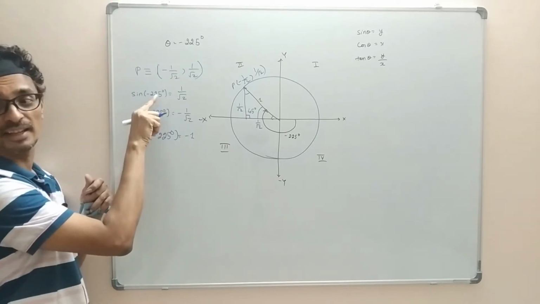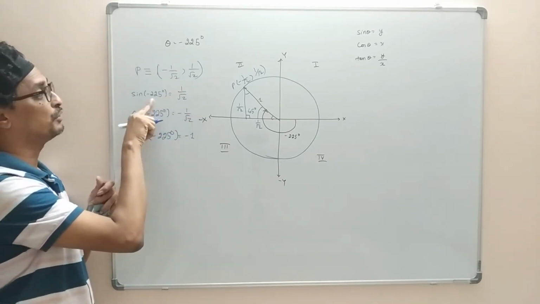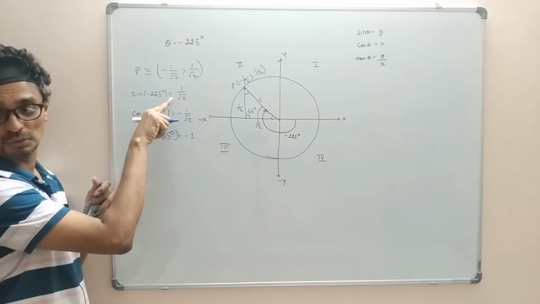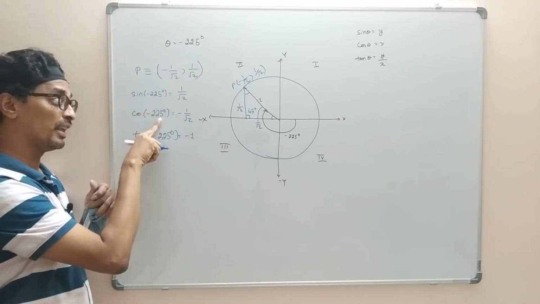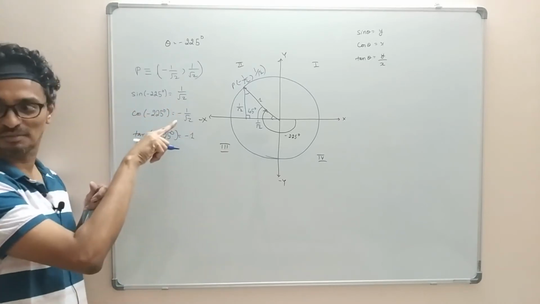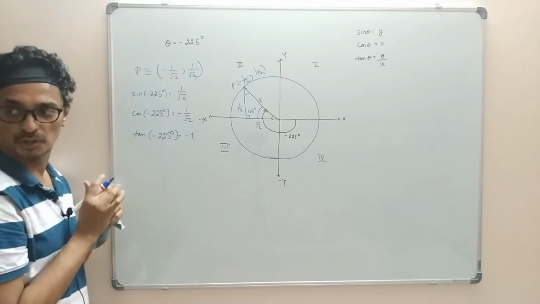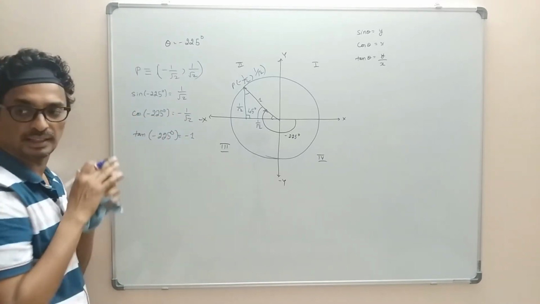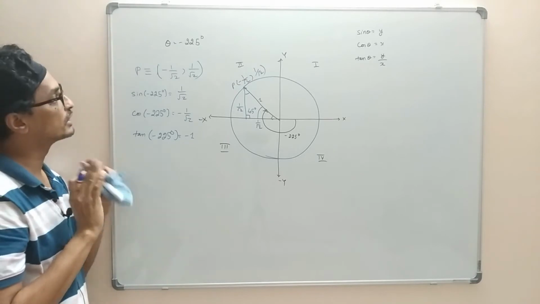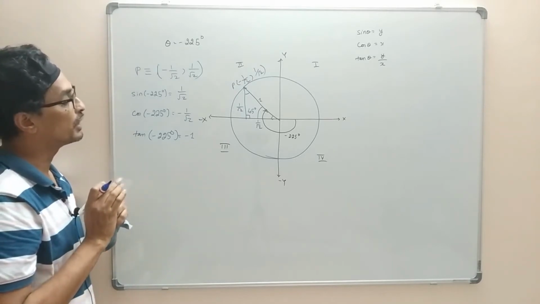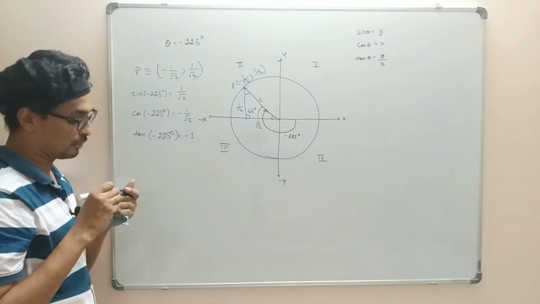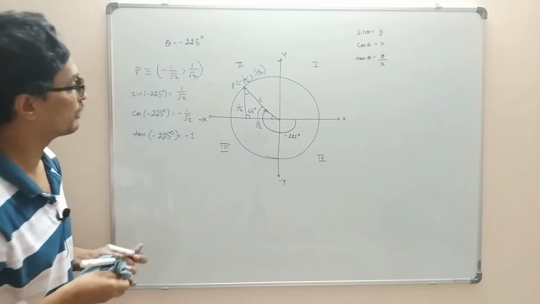Because sine of minus theta equal to minus sine theta, so sine of 225 degree will be minus 1 by root 2. But cos of 225 degree will be again minus 1 by root 2 only. So now if I take the inverse of it, you can get the other values. So this is the simple way of finding out the trigonometric ratios of minus 225 degree.